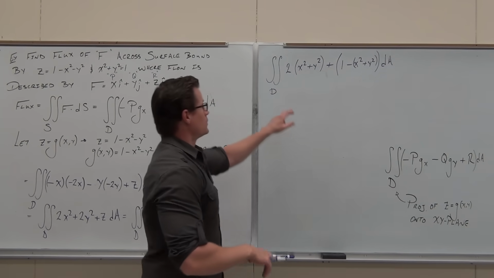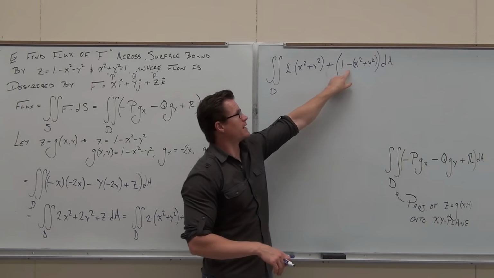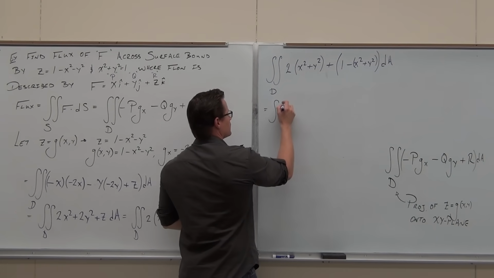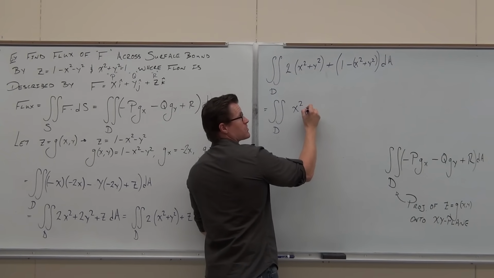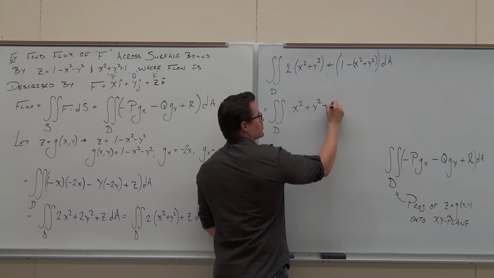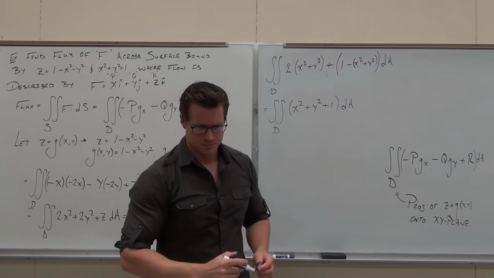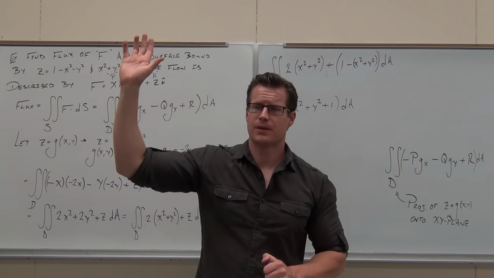Hey, you got two, this is one factored, by the way. You got two of these things minus one of those things. You got one of those things plus one.